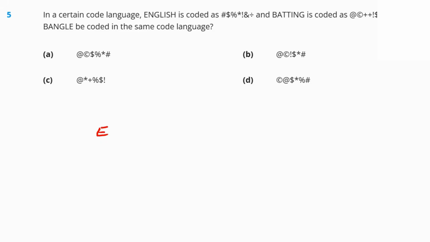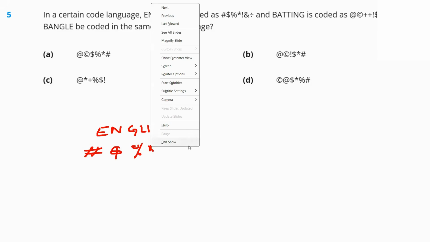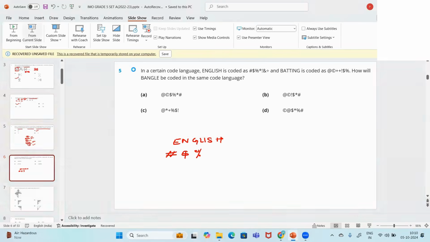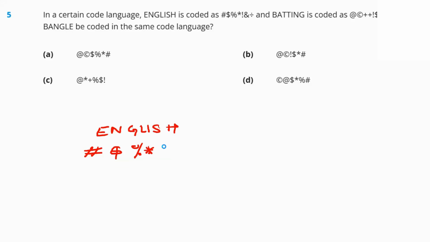English is coded as hashtag, dollar, percentage, star mark. I is coded as exclamation, S is coded as the next symbol, and H is coded as division. So you need to code bangle.